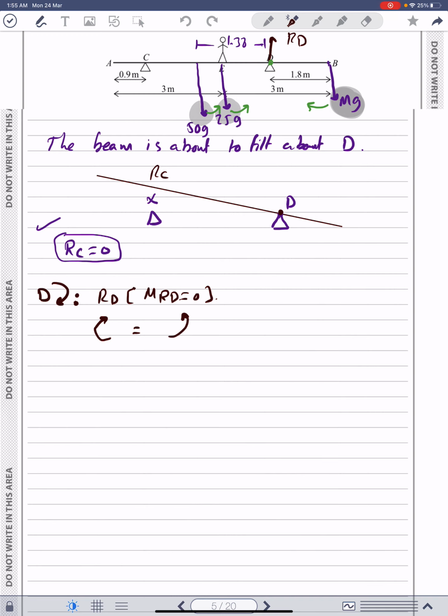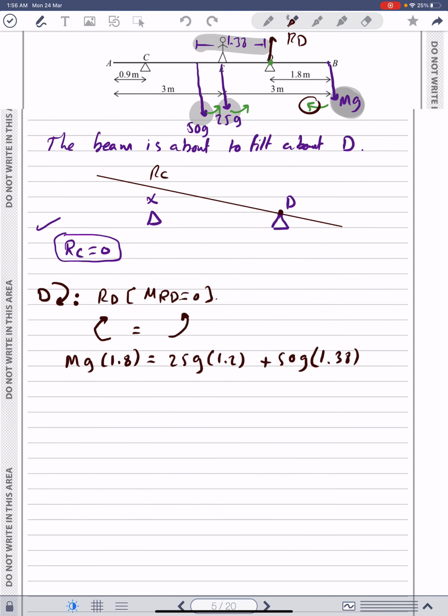So mg is the only one, its moment is anti-clockwise, which is 1.8 far from D. 25g, which is from D, is 1.2, plus 50g, we just found it, which is x, which is 1.38 meters.